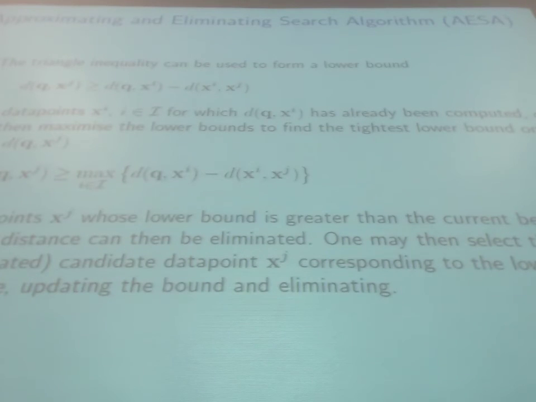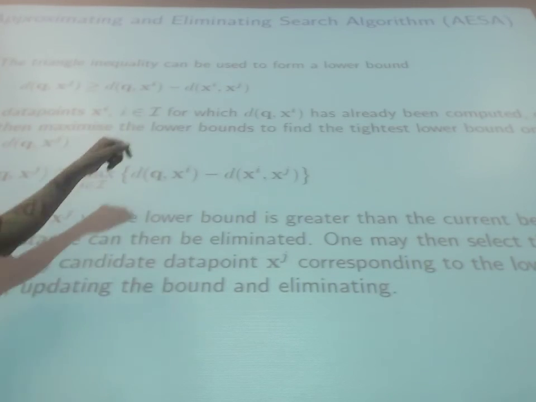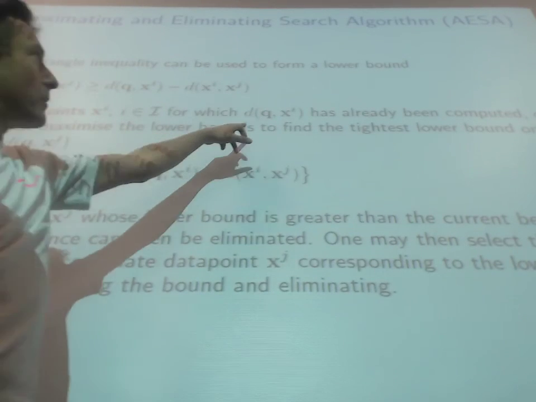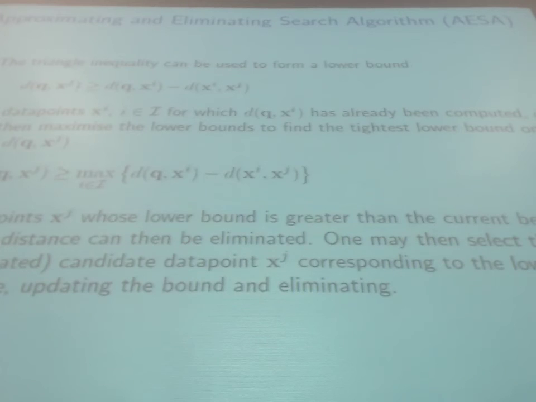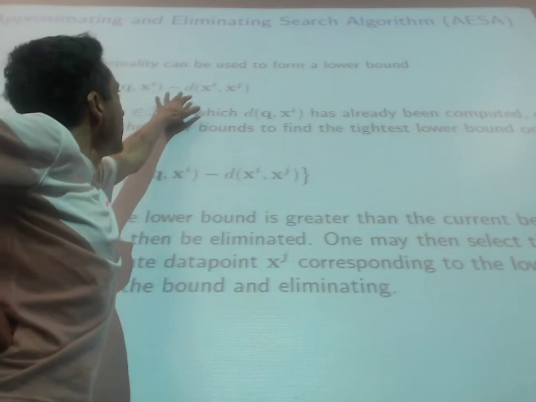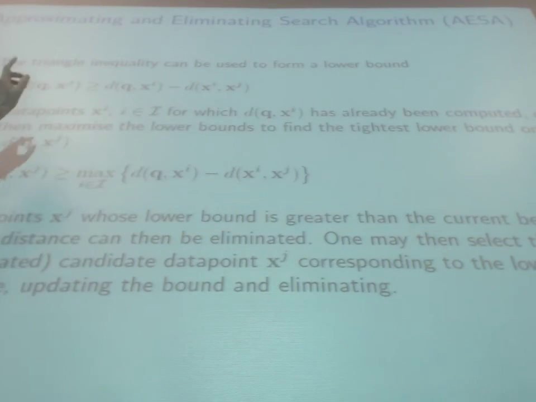Okay, so what we're going to do now is imagine that there's a subset of the data points for which you've already calculated the distance explicitly between the query and each of those xi's. I'm going to call that a set of indices I for which d(q, xi) has already been computed. And then what I could do is say, look, for each of these i's I'll get a different lower bound, and ideally I want the biggest lower bound that I can get.